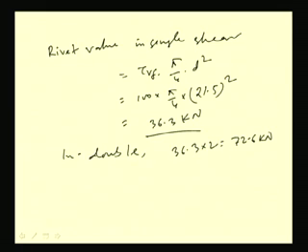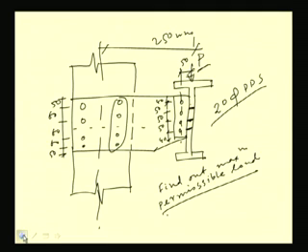Now, let us go through the connections one by one. First, we will see the connection between girder and the angle. We will see from this point of view what will be the load carrying capacity, then we will go to this line, then we will go to this one.